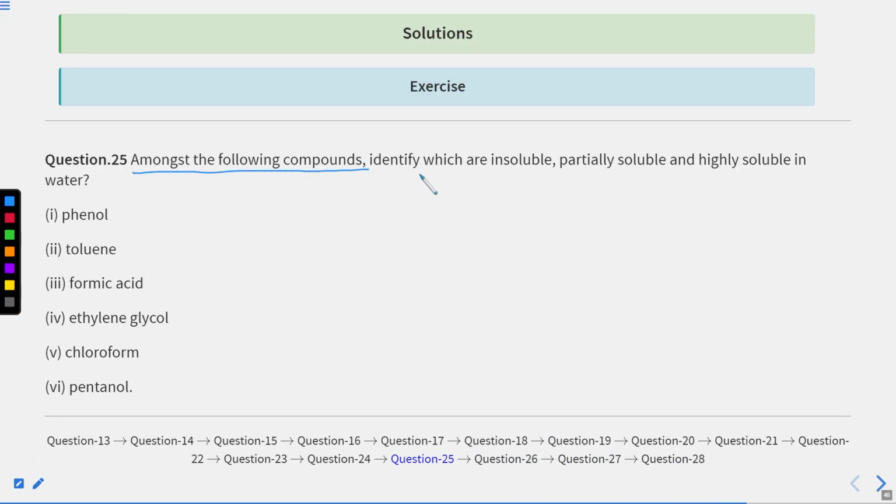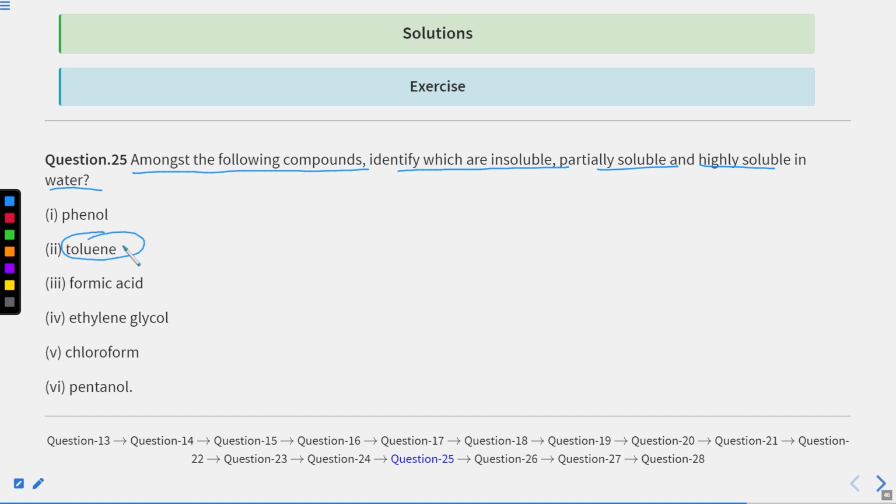Amongst the following compounds, identify which are insoluble, partially soluble and highly soluble in water. The one with the dipole moment will have the highest solubility. The one with less polarity will have the minimum, and the one with no dipole moment will have the maximum insolubility.